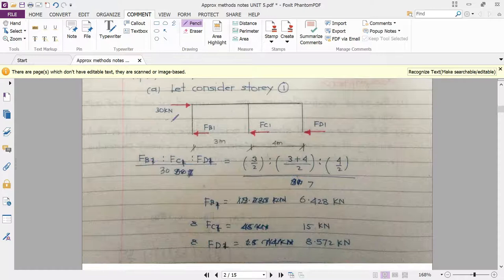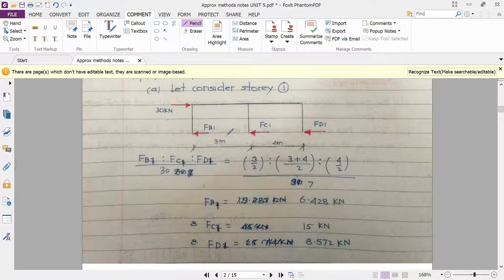Forces in B1 : forces in C1 : forces in D1 is proportional to the total force. The total horizontal force acting is 30. Here the half of the span has to be considered for this column, because this column contributes the effect of this half span. So therefore 3/2 is to be considered.